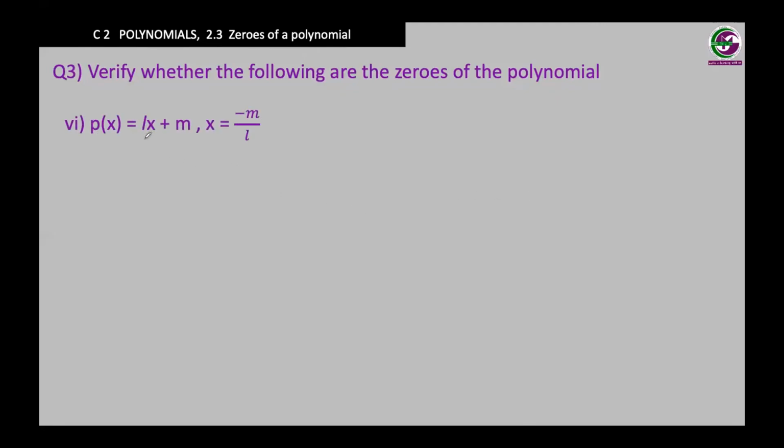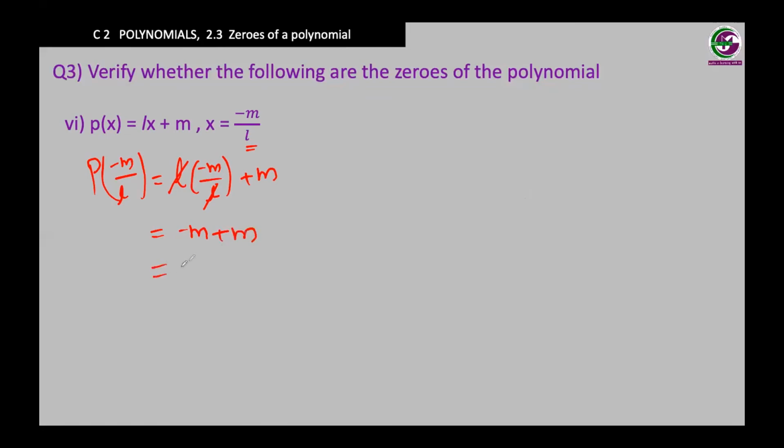We have to replace by negative m by l. So we say P of negative m by l is equal to l times negative m by l plus m. L in the numerator and the denominator get cancelled, and we get the answer negative m plus m.